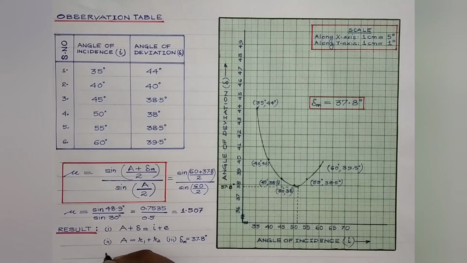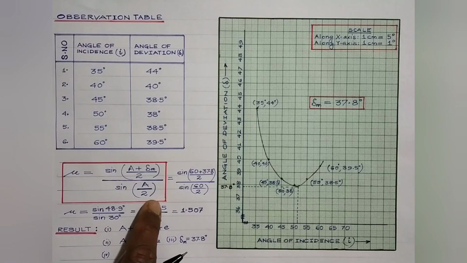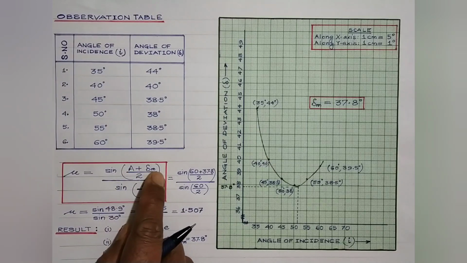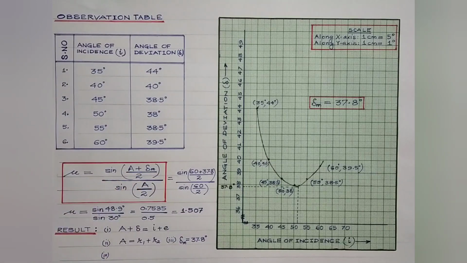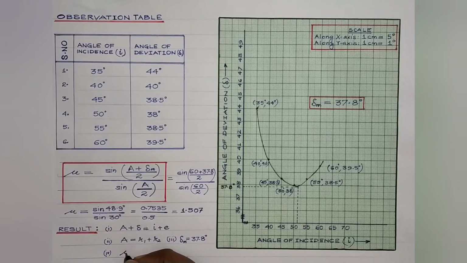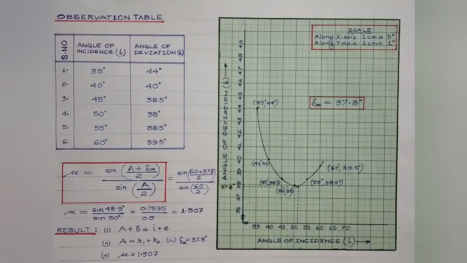And last but not the least, using this formula over here and substituting the value of A and del m, we have determined the value of refractive index of the material of the prism, which is found to be about 1.5. To be precise, it is found to be 1.507. So these are the four results which we have found using this particular experiment, right?